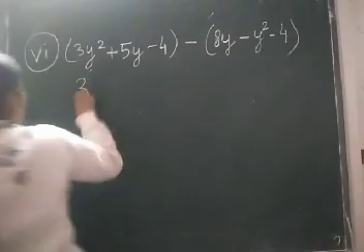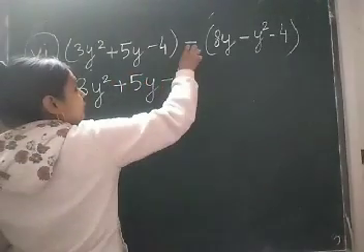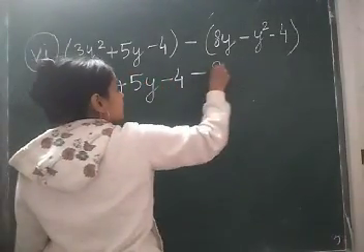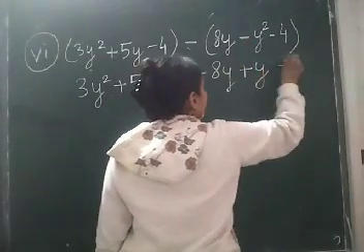So 3y square plus 5y minus 4 minus plus minus minus minus plus minus minus plus.